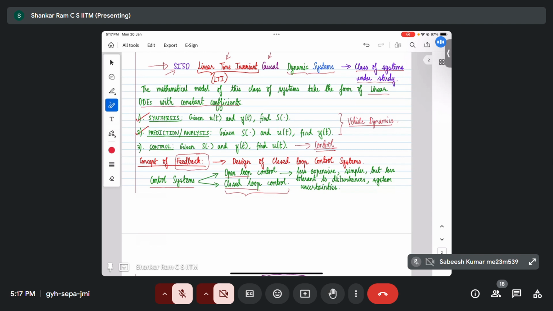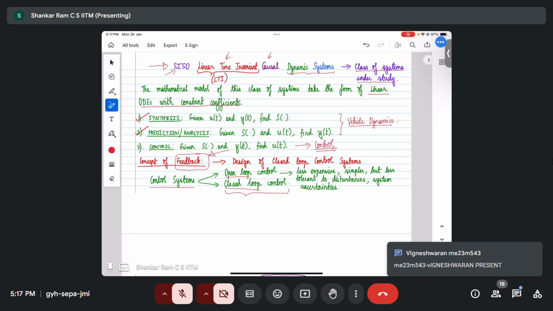So this process of measuring the variables that you and I want to control and taking corrective action based on that as and when required is what is called feedback. And we use feedback to design what is called a closed loop control system. Okay, so that's the complement of an open loop control system.